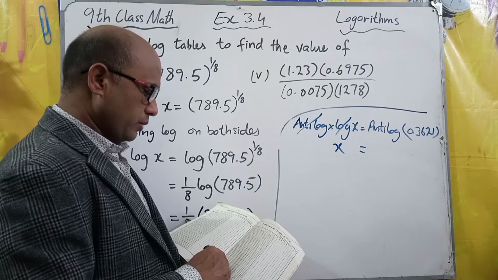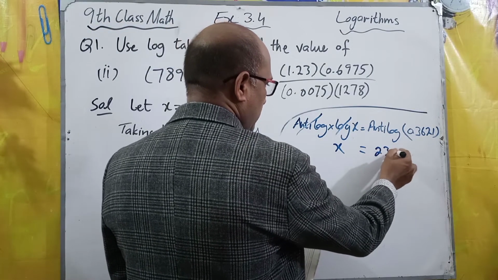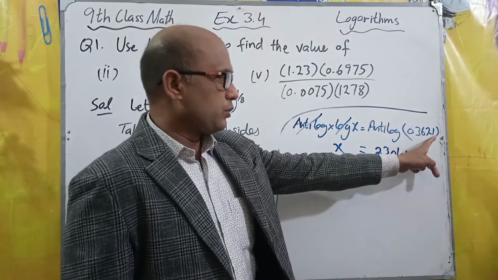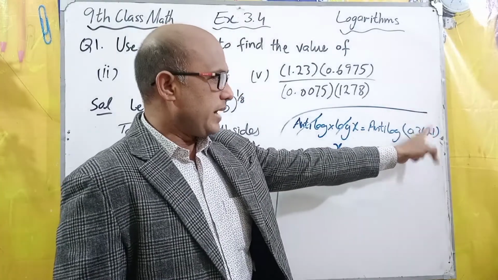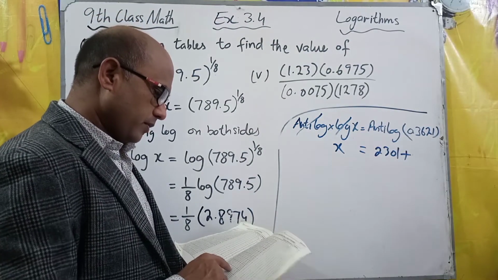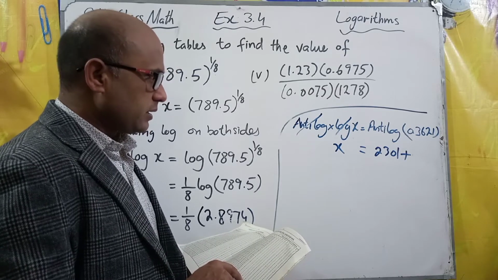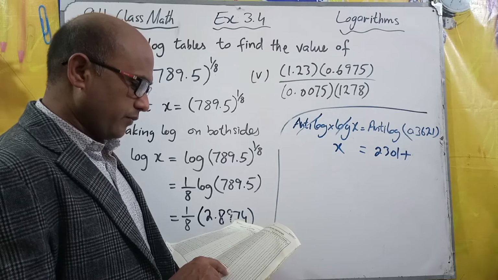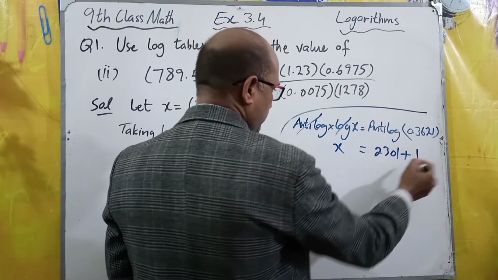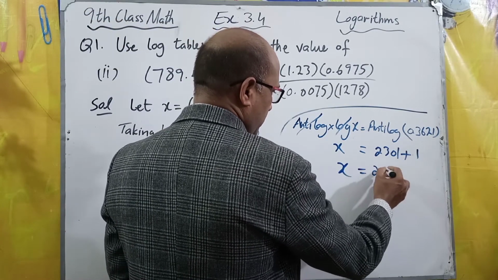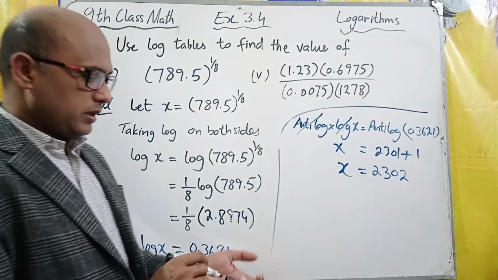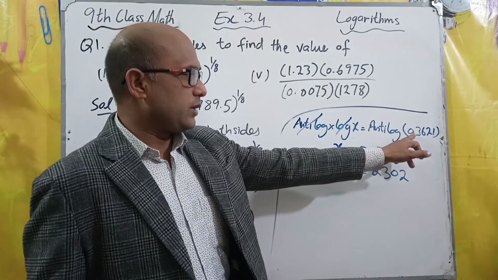It is 2301. Now we have to see its difference value. Fourth number will always show us difference. So in difference, it will be seen in first column. So we'll add 1 into it. So it will become 2302.